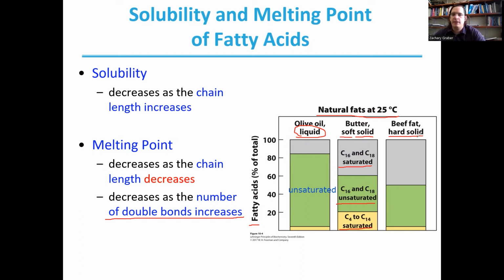And you would have to heat it up quite a bit more compared to butter in order to melt that beef fat. So with our different fats and oils, you can tell their relative fat composition just based on whether or not they're solid or liquid at room temperature.